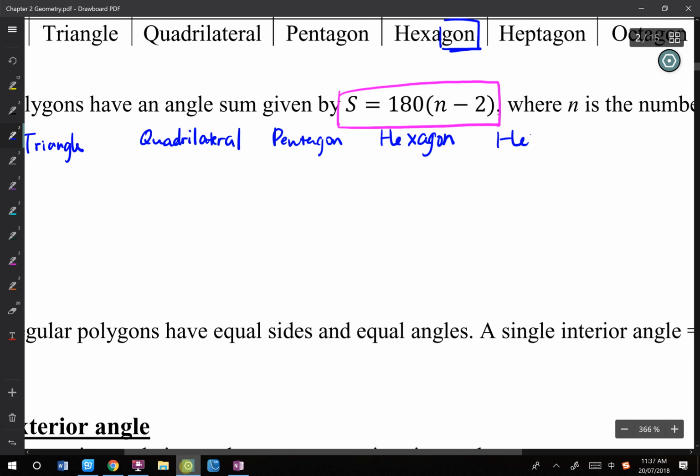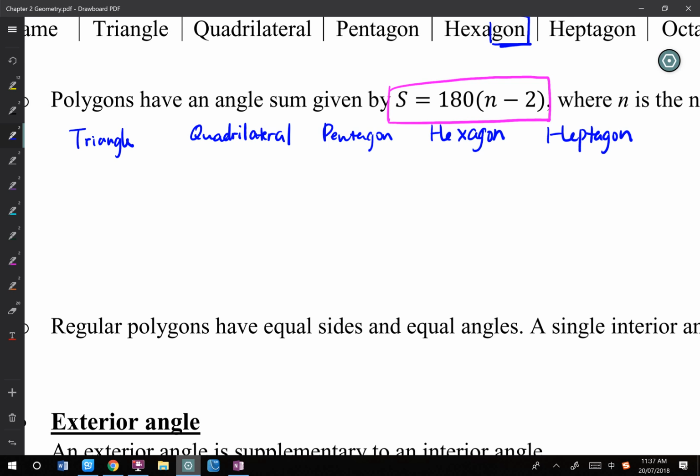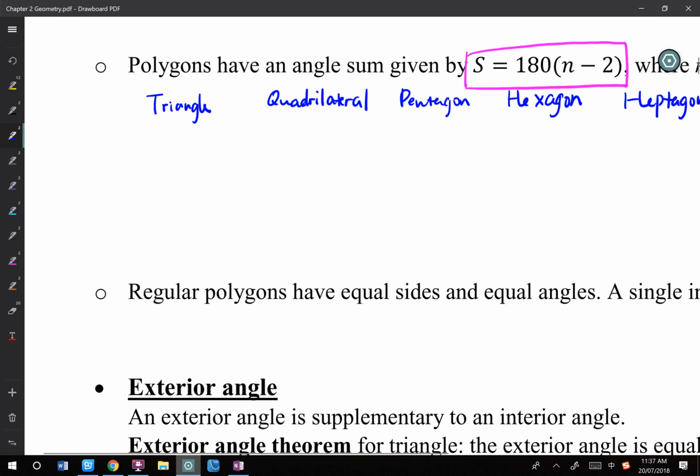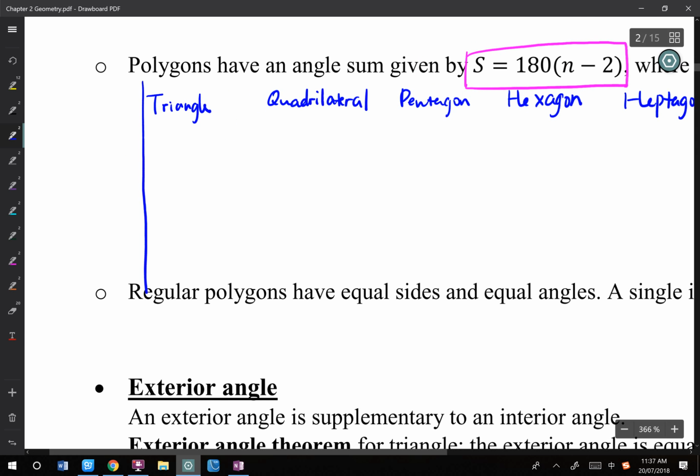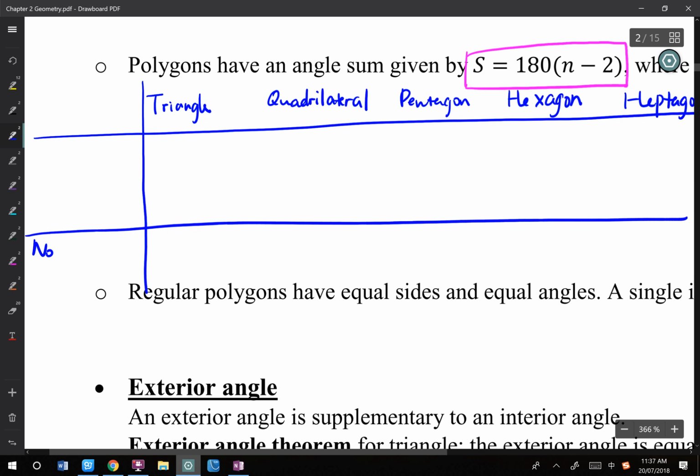Let's do up to pentagon. Okay, so 1, 2, 3, 4, 5. Then I want to think about the number of triangles I can make in each shape.